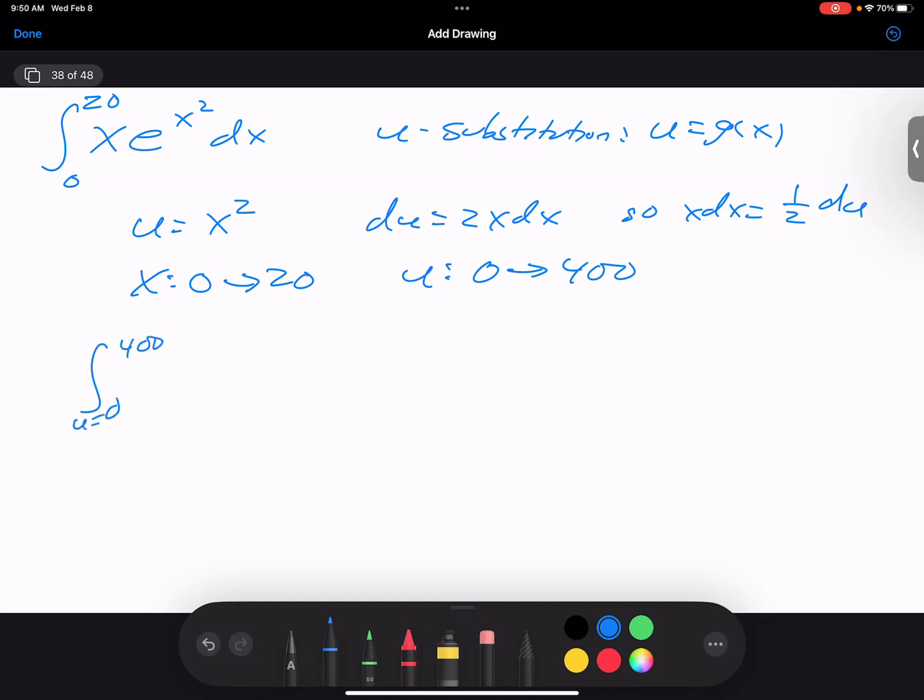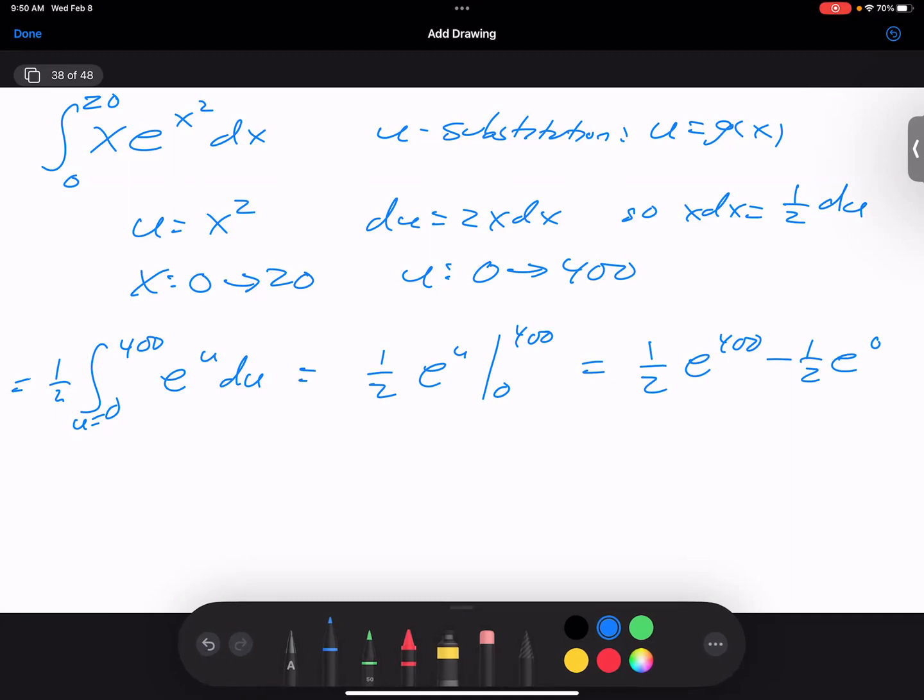I'm going to write u equals; x e to the x squared becomes e to the u du with a 1/2. And then this would just be 1/2 e to the u at 0 and 400. So just 1/2 e to the 400 minus 1/2 e to the 0.